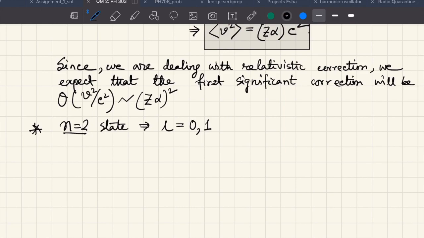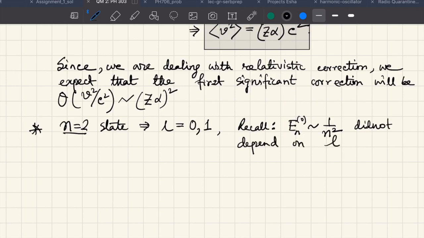Now remember that the energy did not depend on L and M to start with. So let us recall that the unperturbed energy only went as 1 by n square, and it did not depend on either L or M.